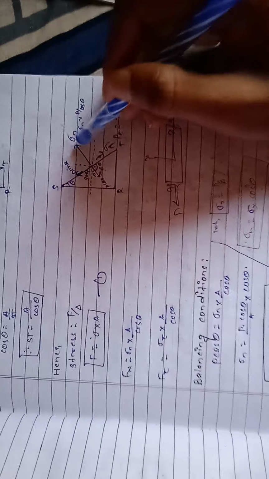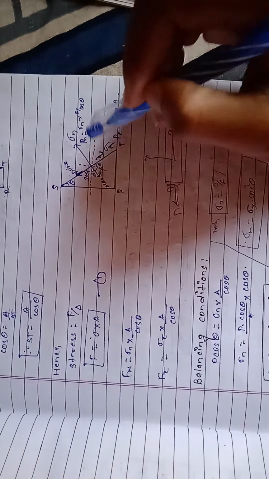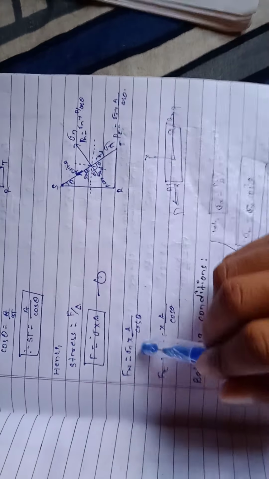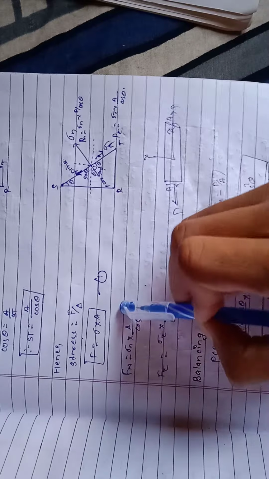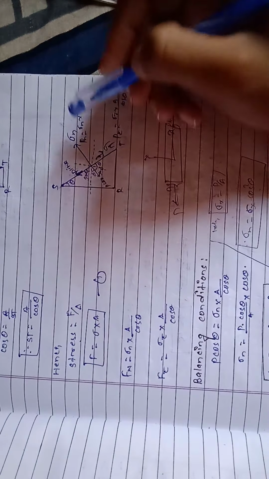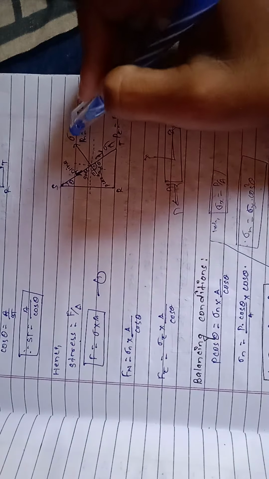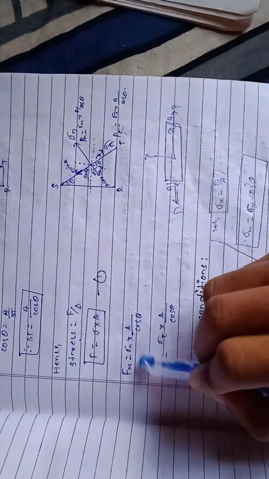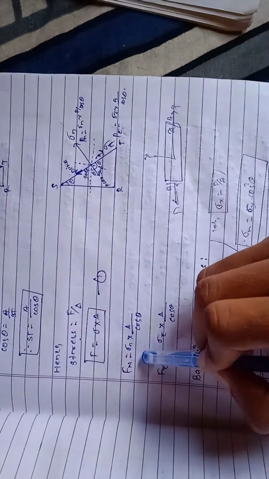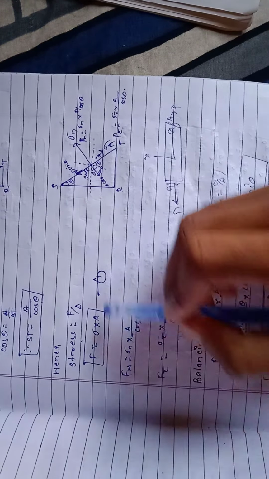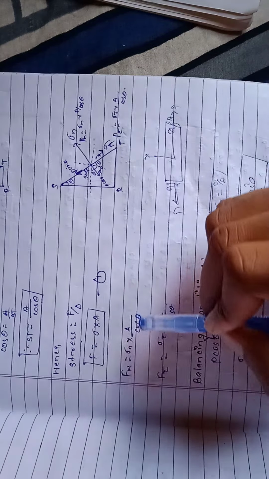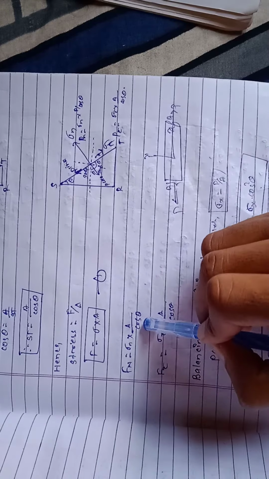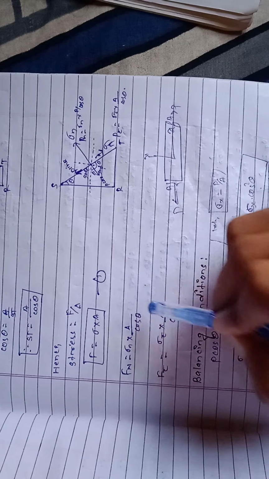So we first find the force acting at the surface. The force is stress into area. The stress acting at this point is sigma n, the normal stress, into the area at the surface. After putting in the area, we get normal force is equal to sigma n into A by cos theta.